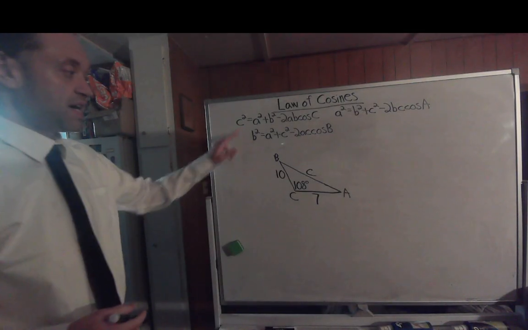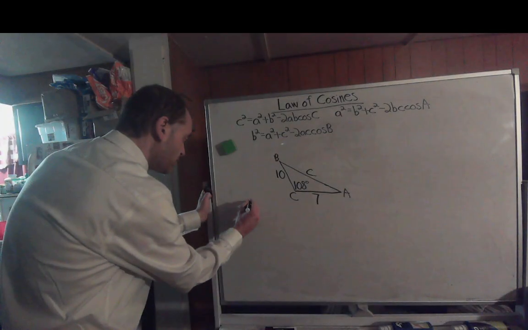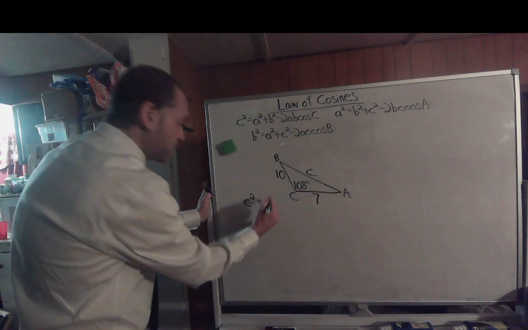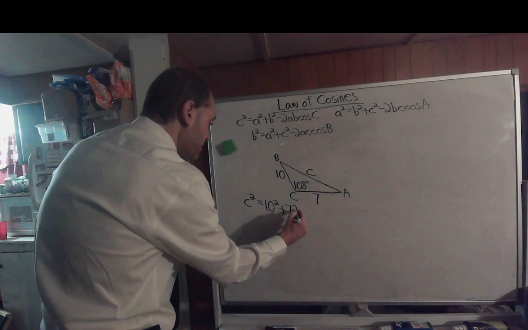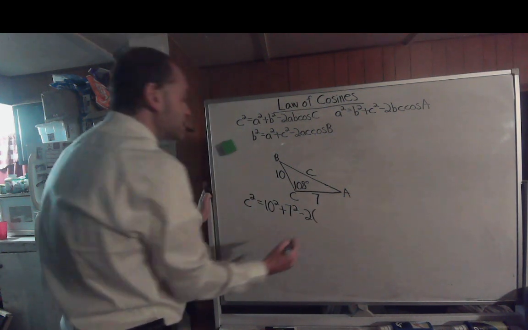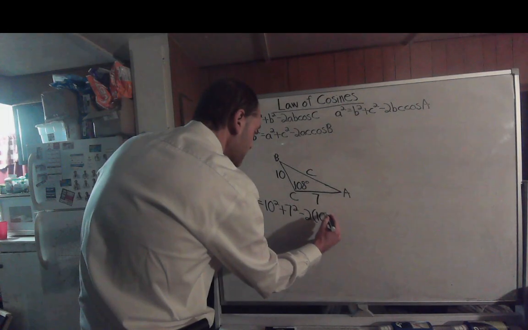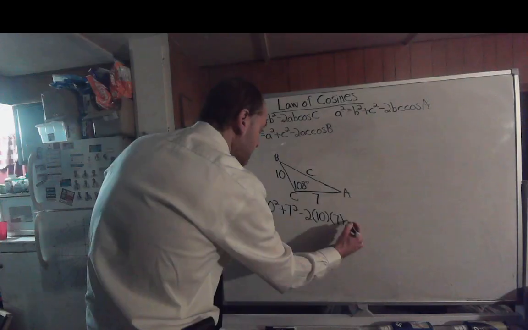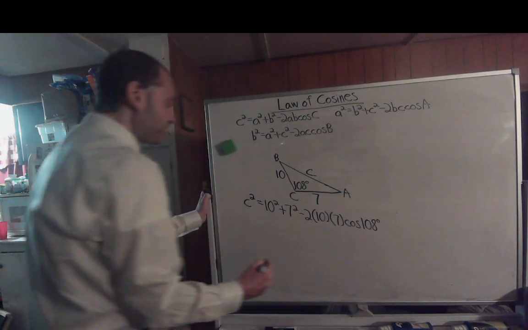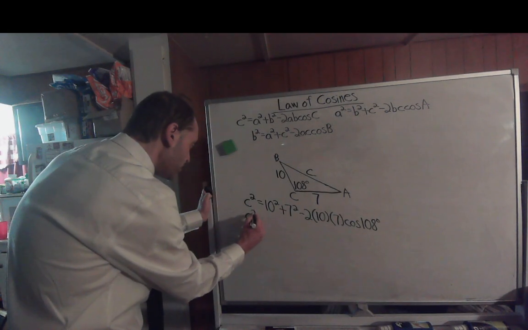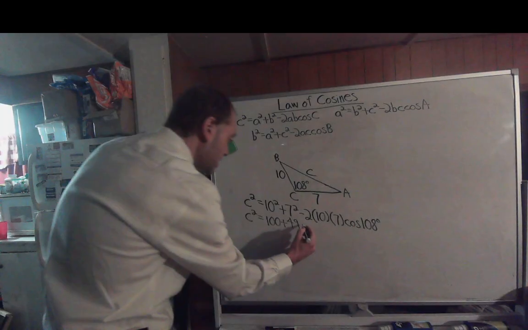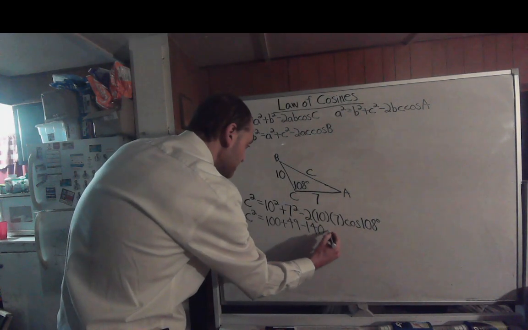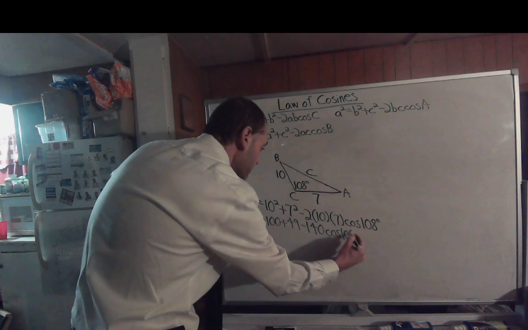I'm going to say let's go for side C first. So that means C squared equals A squared, which would be 10 squared, plus B squared, which is 7 squared, then minus 2 times side A, which is 10, times side B, which is 7, times the cosine of angle C, which is the cosine of 108 degrees. So then C squared should end up equaling 100 plus 49 minus 140 times the cosine of 108 degrees.